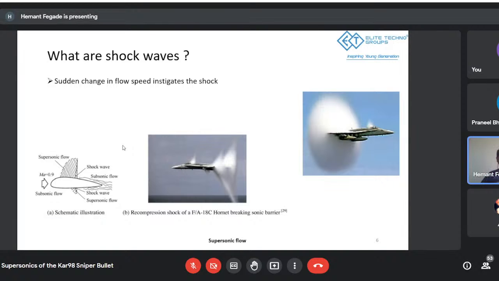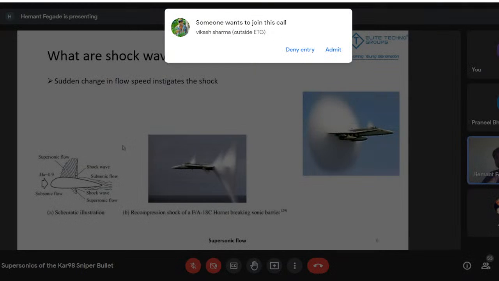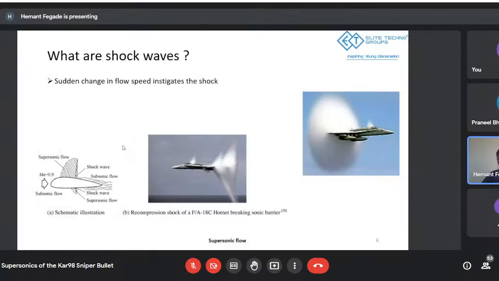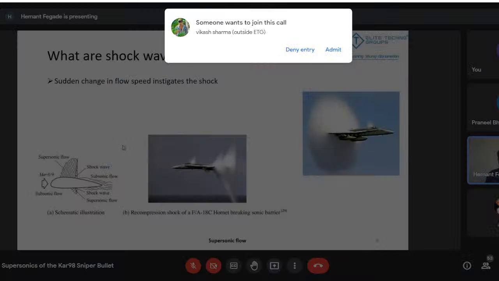That's why commercial planes will be either in the subsonic region or in the supersonic region, like supersonic jets. There have not been many advancements, because it is very difficult to attain a supersonic flight regime with a larger object like an aircraft.